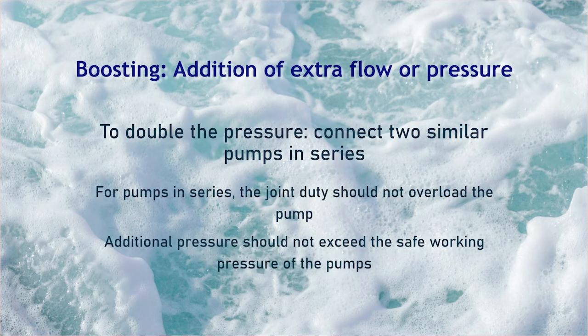In addition, any additional pressure that is generated because of this series configuration should not exceed the safe working pressure of individual pumps. Hence, by using a series or parallel combination of identical or similar pumps, we can increase the flow and increase the pressure available in an existing water supply system.